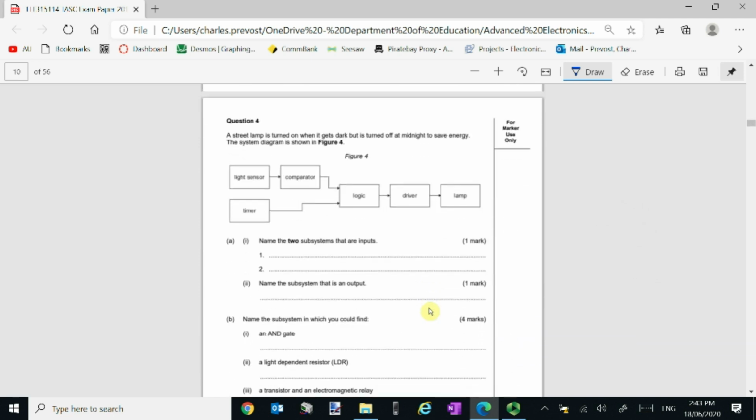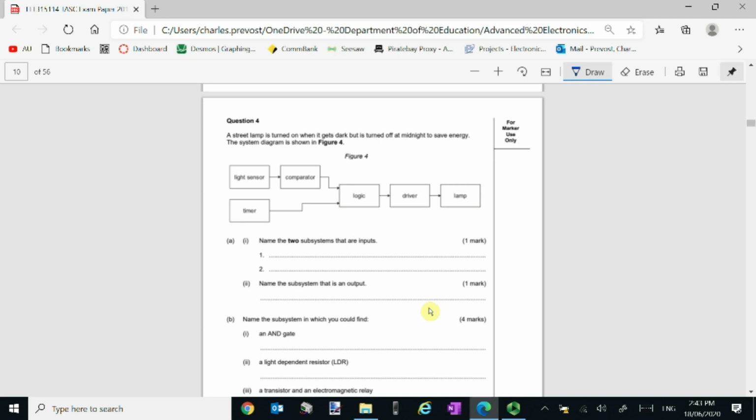Okay, so this is a function block diagram type question. A street lamp is turned on when it gets dark, but is turned off at midnight to save energy. The system diagram, function block diagram sometimes called, or IPO, input processor output function block diagram, is shown below.